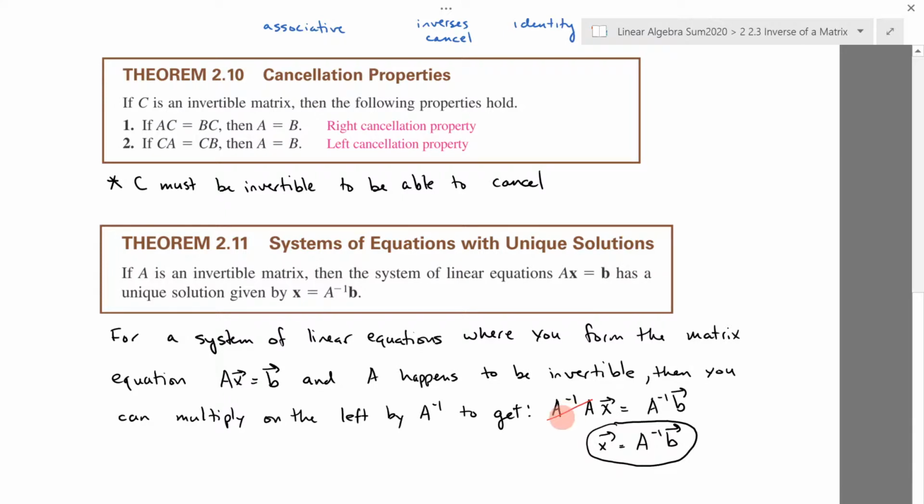So again, basically it's just multiplying by A inverse on the left, and that'll cancel this out, and so you get x equals A inverse b. So this gives another way to solve systems of linear equations, at least in the case where A is an invertible matrix.